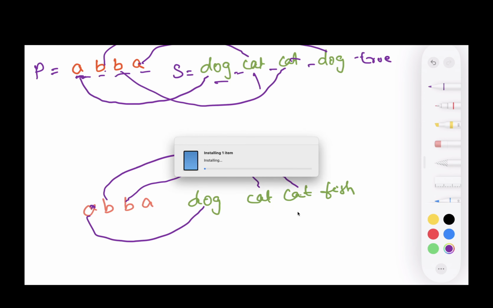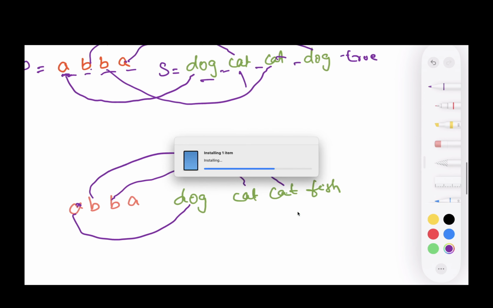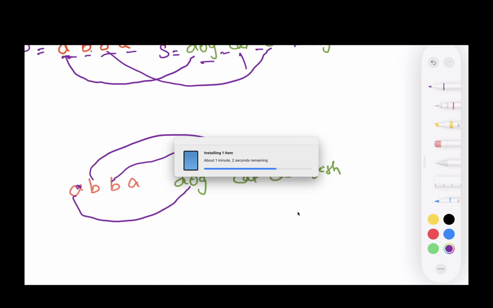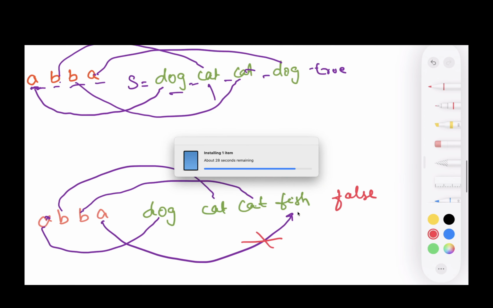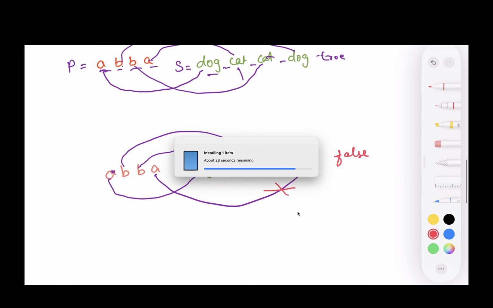Then only we can say it is true. That's another base condition. And a currently is pointing to dog, so again it should be pointing to dog, but unfortunately here it's not. So we can say this one is false. Hope you guys were able to understand the problem statement.